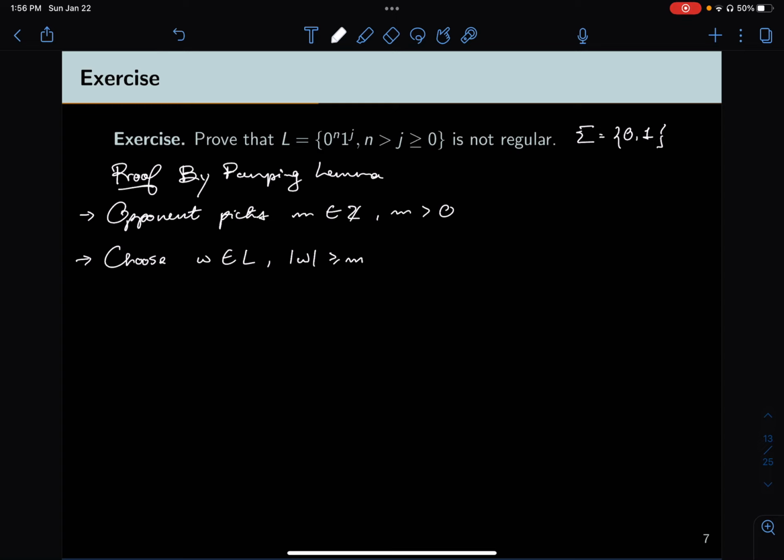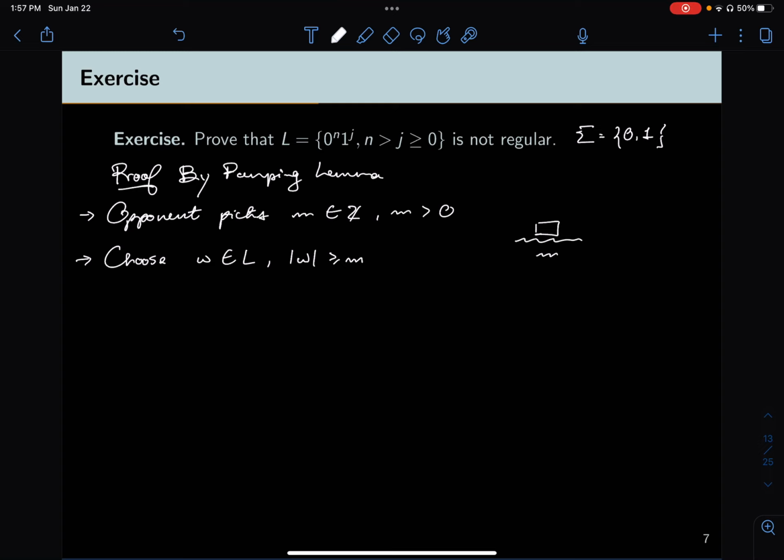Usually, that works out by having the first m letters in the string be the same symbol, so that you can identify the string y as only containing symbols from that sequence.